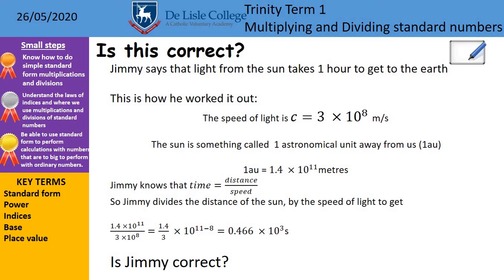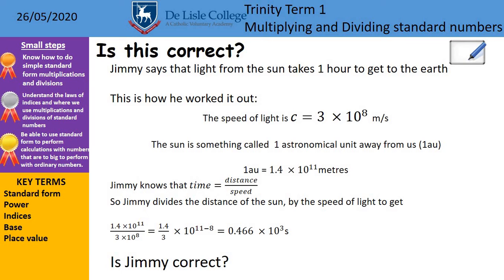Okay. So back to the question from the beginning of the lesson. Jimmy says that the light from the sun takes 1 hour to get to Earth, and this is how he worked it out. The speed of light is 3 times 10 to the 8 meters per second. The sun is 1 AU, or 1.4 times 10 to the 11 meters away.